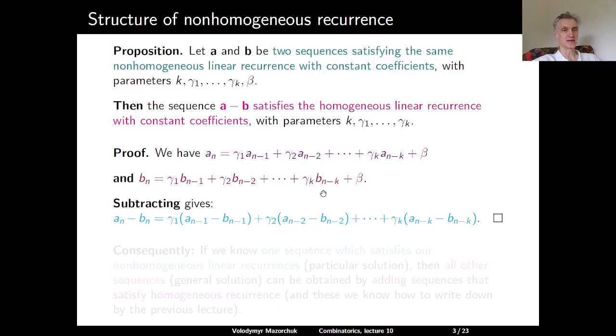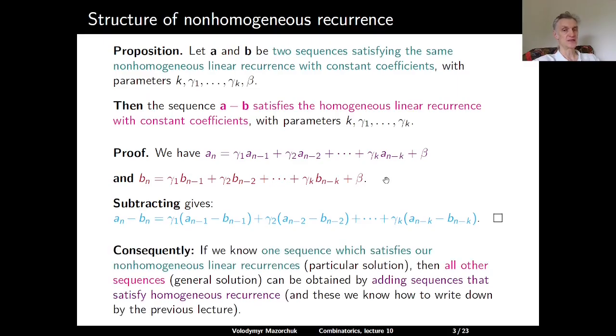If we subtract the latter from the former, we get that a_n minus b_n is equal to gamma 1 times (a_{n-1} minus b_{n-1}), that's the difference between these two summands, plus and so on, plus gamma k times (a_{n-k} minus b_{n-k}), and then beta cancels out.